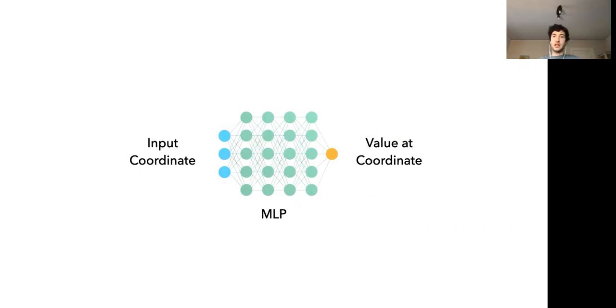As many of you have probably noticed, there's been a lot of recent progress in computer vision and graphics that uses these simple fully connected networks, also known as multilayer perceptrons or MLPs, to represent 3D objects or scenes. The core idea is that they take in a single coordinate and then produce the value at that coordinate.